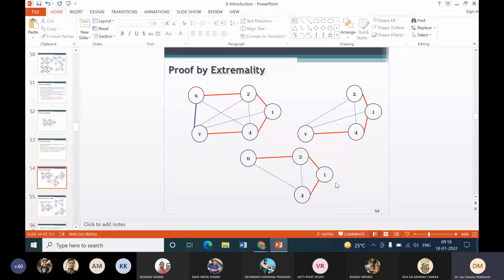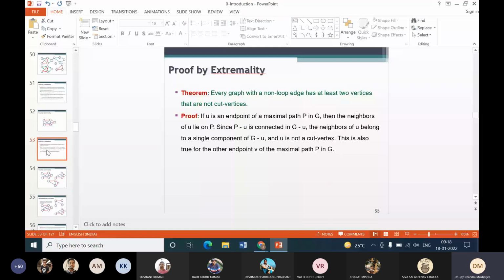So if we are given the graph G, we have a maximal path P, and you know that every neighbor of U must lie on the path. So automatically they are connected through this path. That is why if I delete U from the path, all other vertices, that is neighbors of U, are also connected in G minus U through this path. That is why U cannot be a cut vertex. And the same reason can be given for the other extreme end of the maximal path, that is for the vertex V.